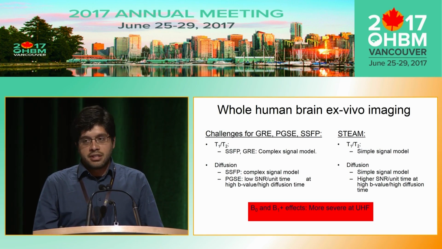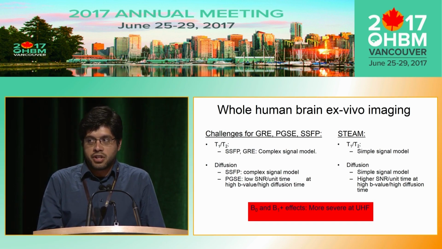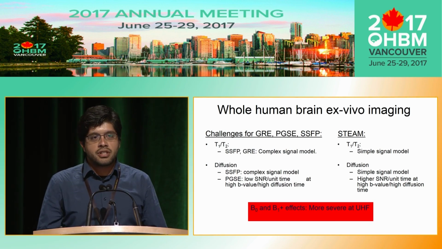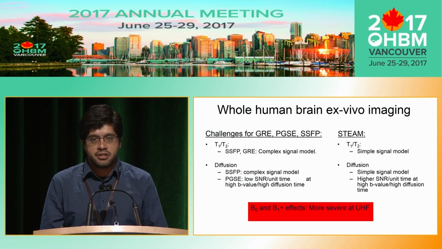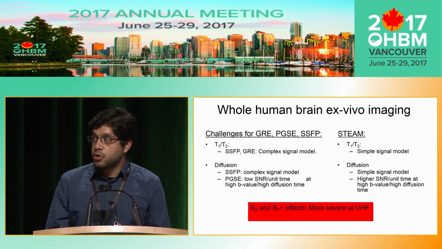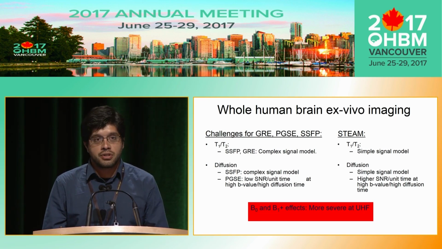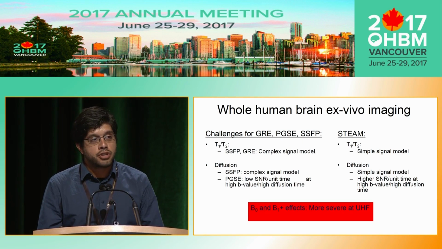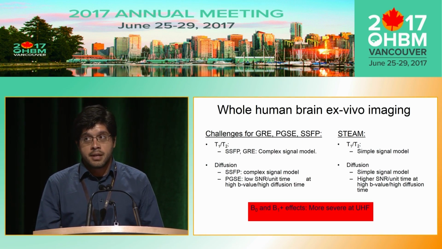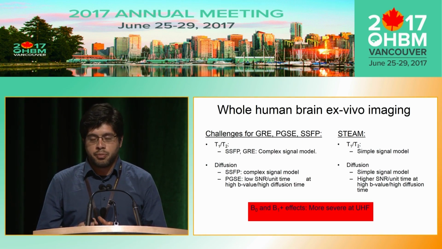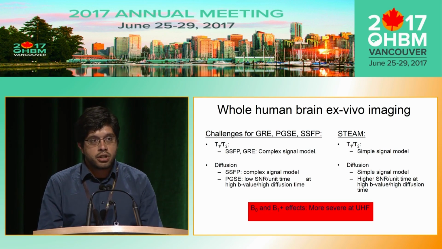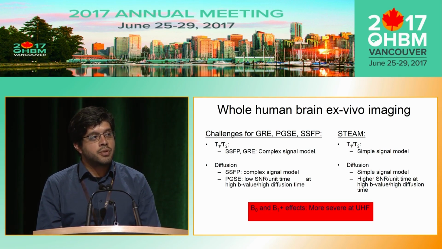The STEAM sequence, the stimulated echo acquisition mode sequence, is one of the sequences where we don't have to deal with these challenges. And also for diffusion acquisitions, STEAM shows several benefits in comparison with the spin echo sequences. But one of the points of this work is that it is independent of the sequence that you're using.